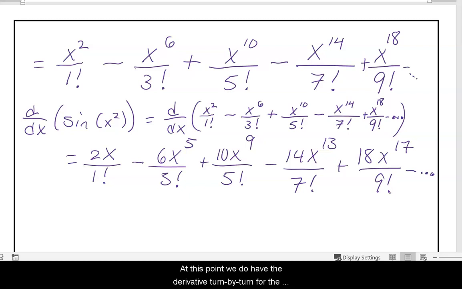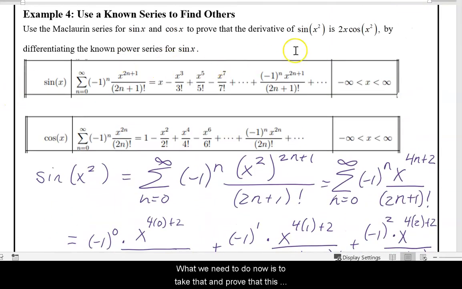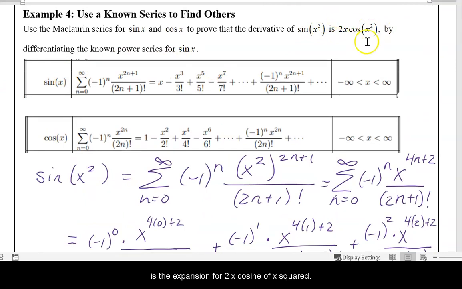At this point, we do have the derivative term by term for the power series expansion of sine of x squared. What we need to do now is to take that and prove that this is the expansion for 2x cosine of x squared. There are a couple of ways to approach this.